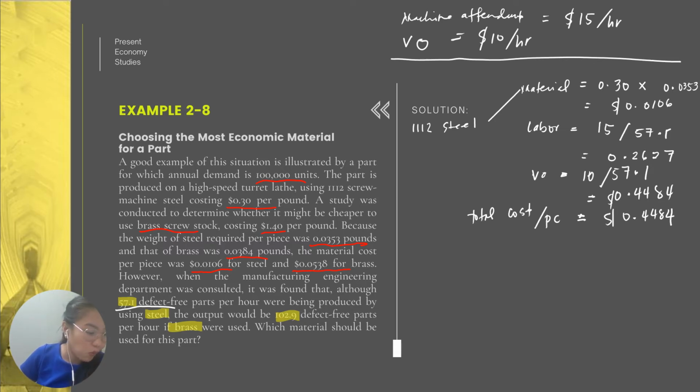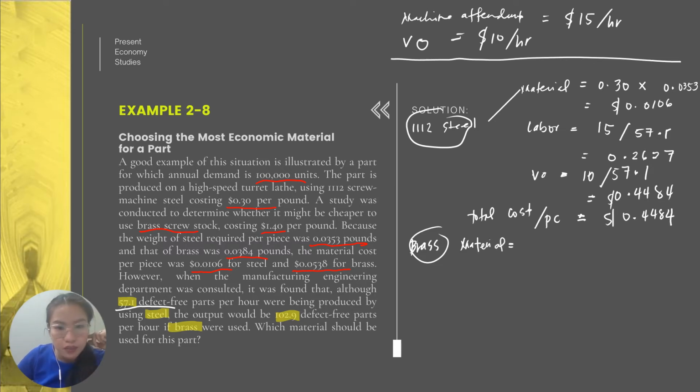So, for brass, the material is, how much is the brass? 1.4, right? 1.4 times 0.0384.